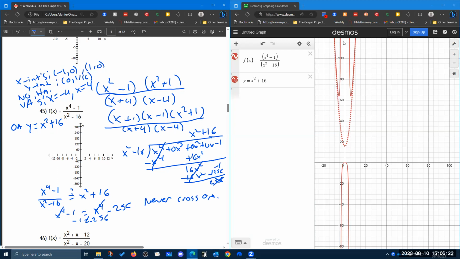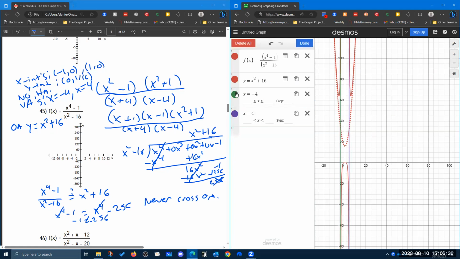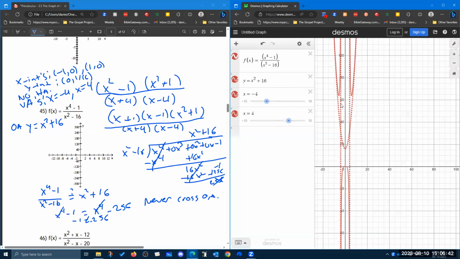So we're going to stay within it, and this is going to approach the oblique asymptote on the left-hand side and approach my vertical asymptote. I didn't put my vertical asymptotes in here. x equals -4, x equals 4. Let's do that.